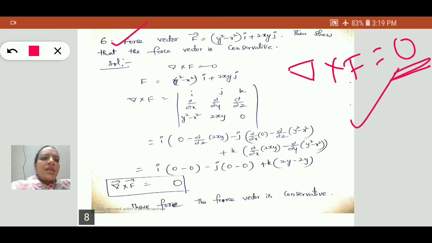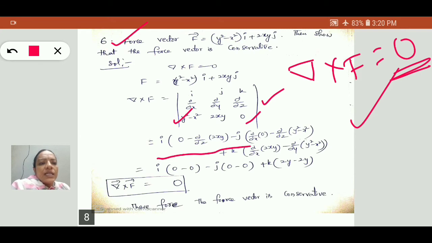This is the determinant form: curl, with rows i j k, ∂/∂x ∂/∂y ∂/∂z, and the i, j and k coefficients y² − x², 2xy. There is no k component in the force vector, so in place of the coefficient of k, we put 0.